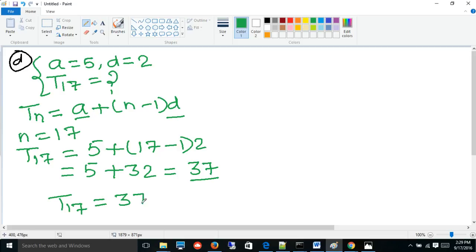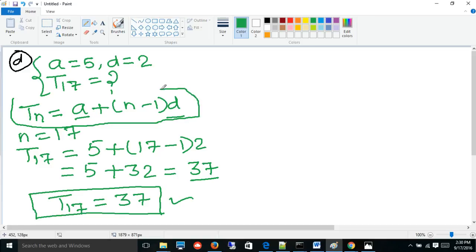The value of T17 equals 37. Okay, so this is our answer. Whenever they ask any other term and they have given the values of A and D, then use Tn equal to A plus n minus 1 into D. This is the formula which we have to use. So remember this formula. This formula is very important in AP. There are many formulas, so I will explain them later.